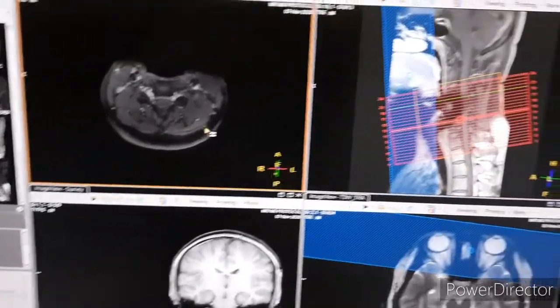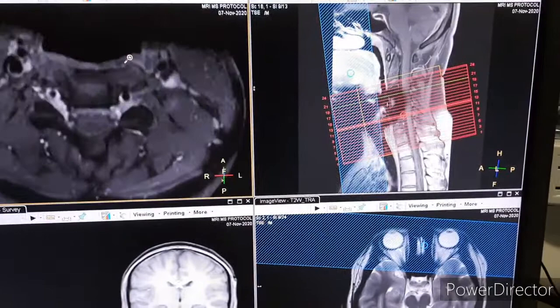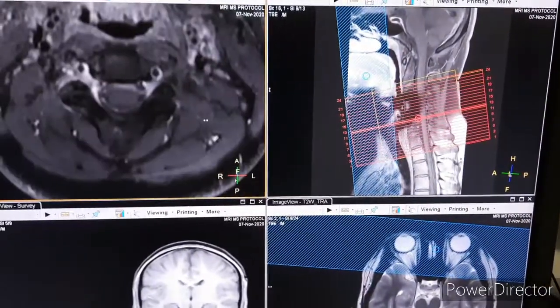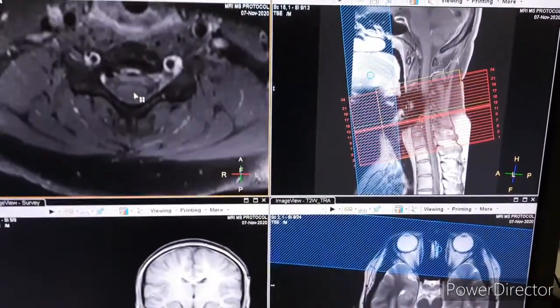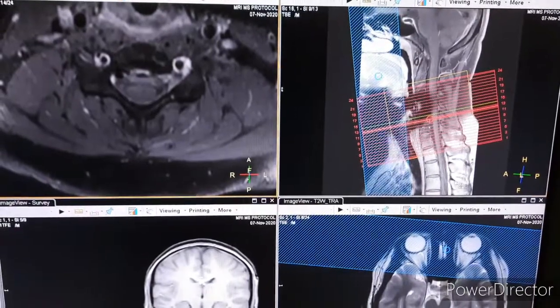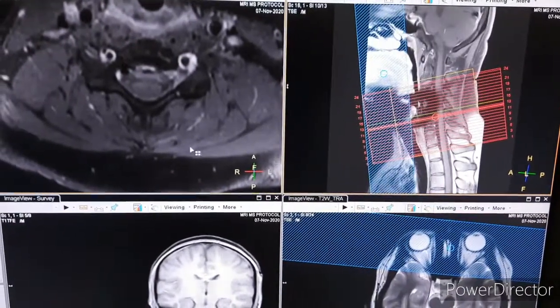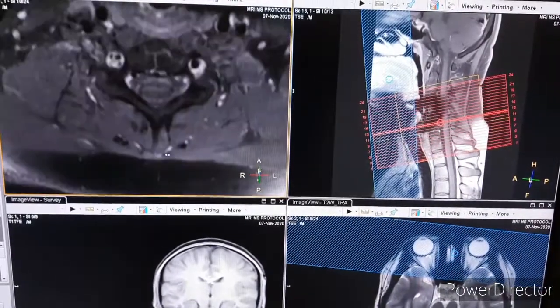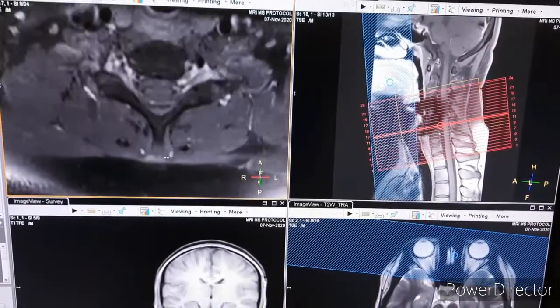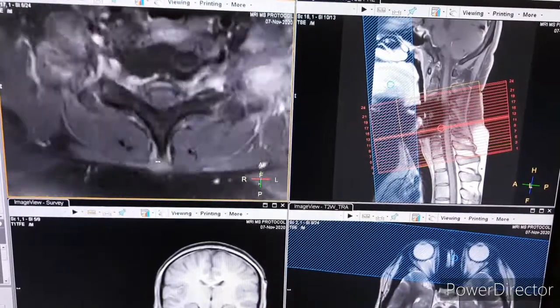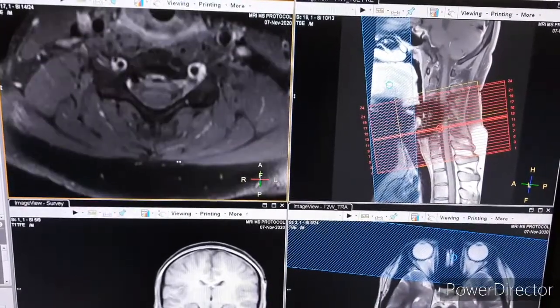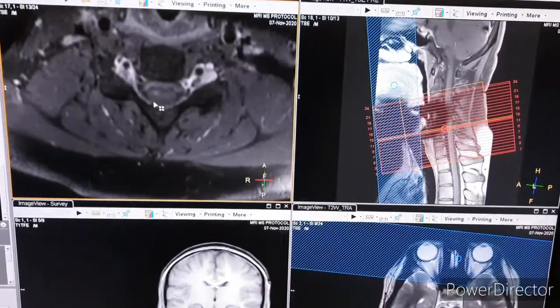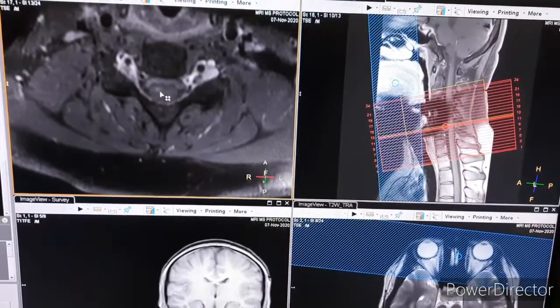Again, it has to be stacked. You can see there is no abnormal signal in post contrast, except this small focal change.